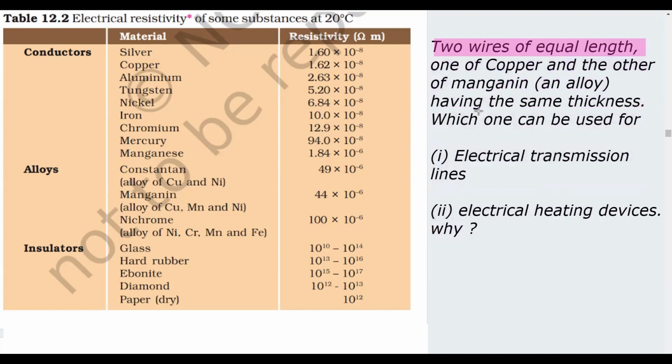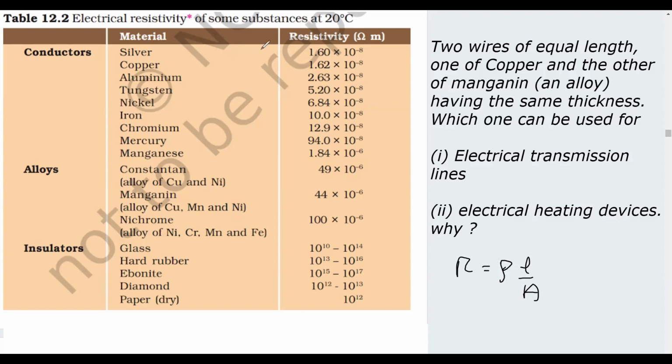First let's understand the relation: resistance of a wire is R equals rho L by A. R is directly proportional to the length, inversely proportional to the cross section area, and directly proportional to the resistivity.